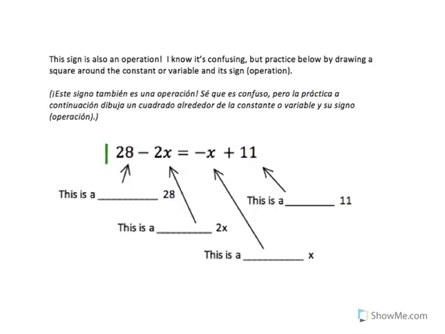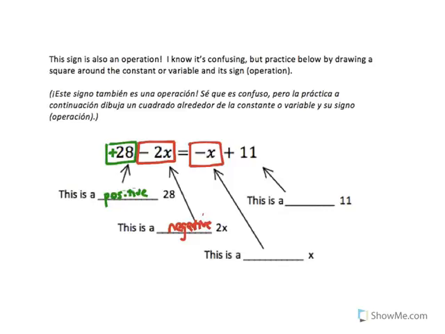So here we have a positive 28 because there's no sign. So we know this is a positive 28. This here is a negative 2x.